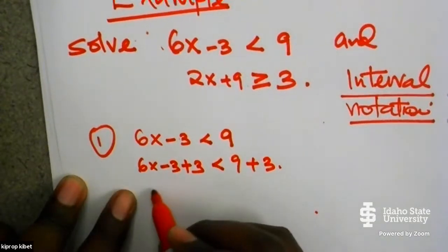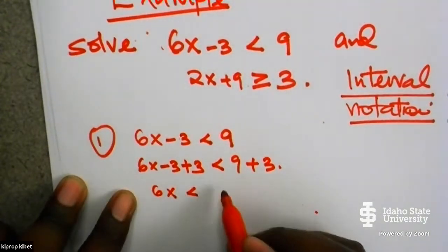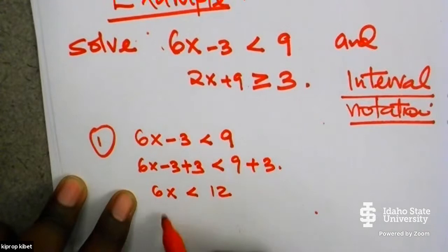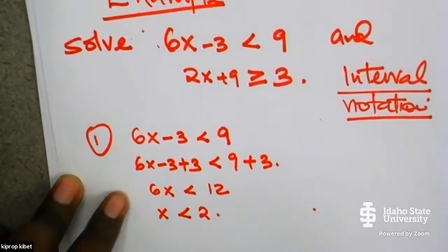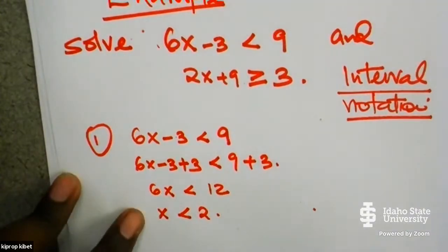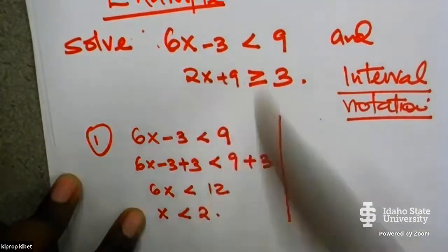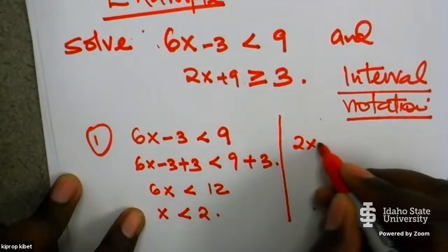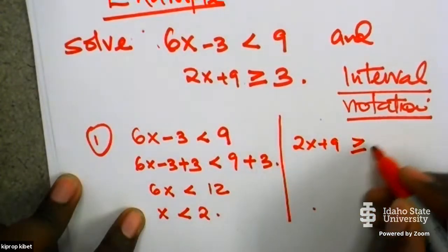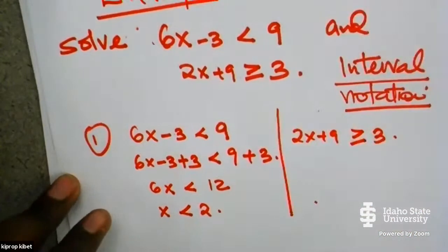So finally, 6x is less than 12, so x is less than 2. Now you come to the second one, 2x plus 9 greater or equals to 3.